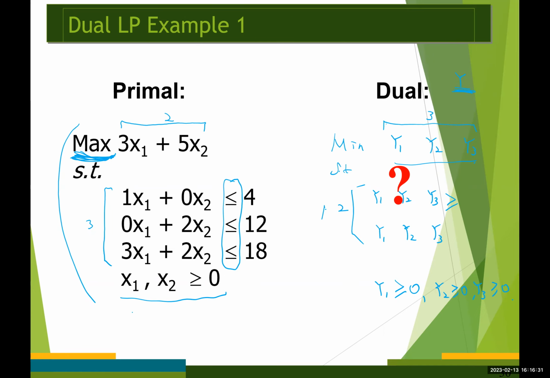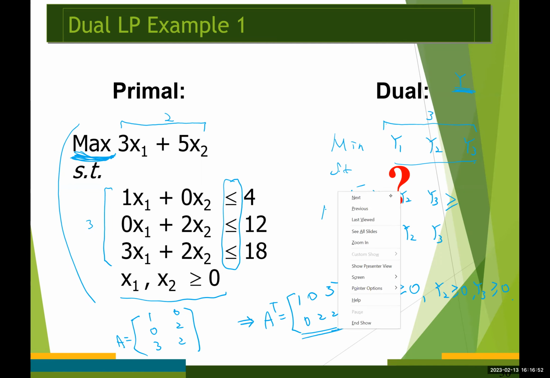And here, the constraint coefficient matrix, the A matrix, is 1, 0, 0, 2, 3, 2. The A transpose matrix would be 1, 0, 3, and 0, 2, 2, right? So that's going to be the constraint coefficient matrix in our dual problem.